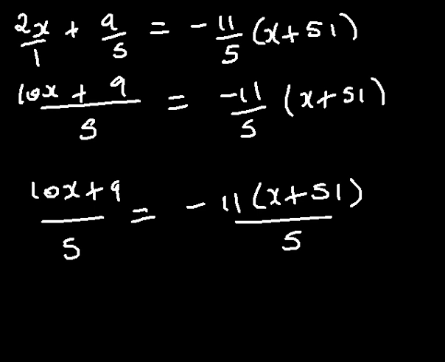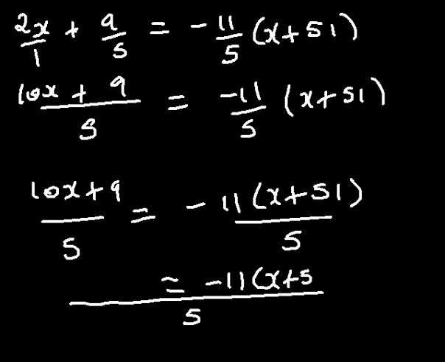And we can also think of using cross multiplication, which is okay, or using the principle of the common denominator. Whichever way, let's use the common denominator here, which is 5. And 5 into 5 is 1, and 1 times that, we'll have negative 11 times x plus 51, and here we have 10x plus 9.